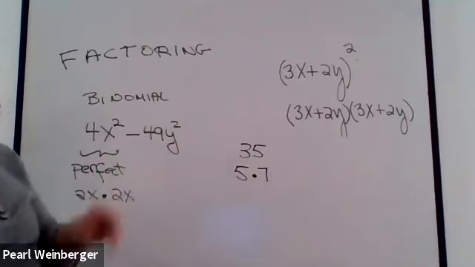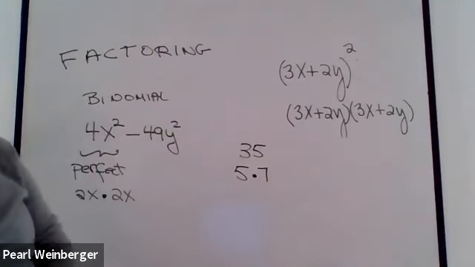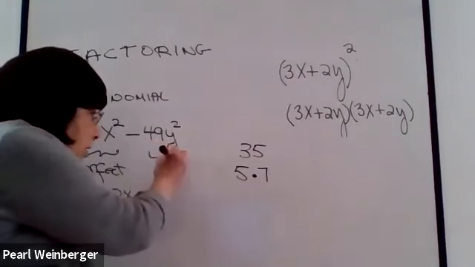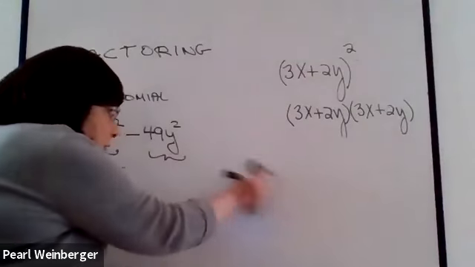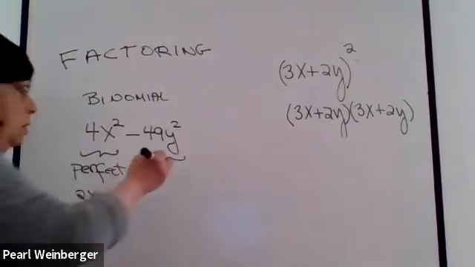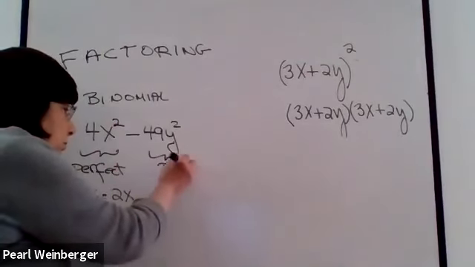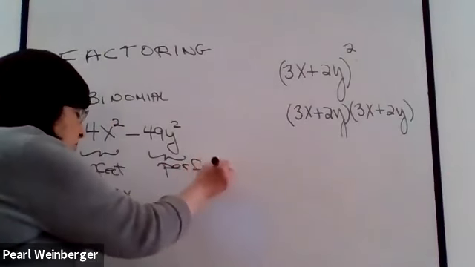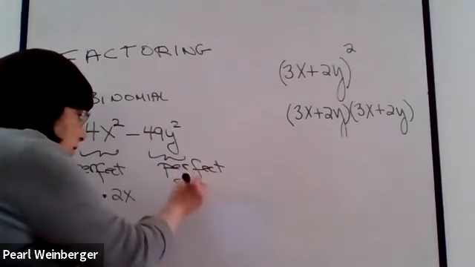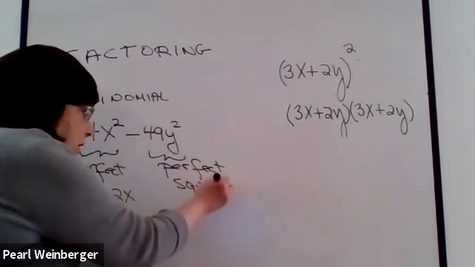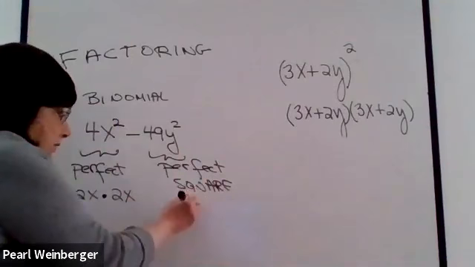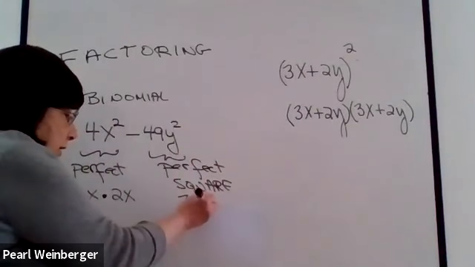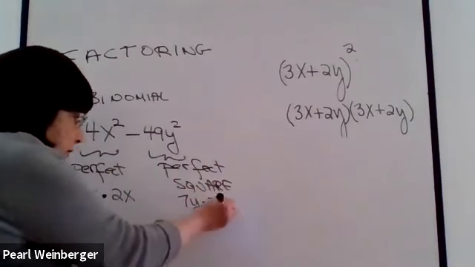The second term in this binomial also has to be a perfect square. And it is, in this case, because 49y squared is really 7y times 7y.